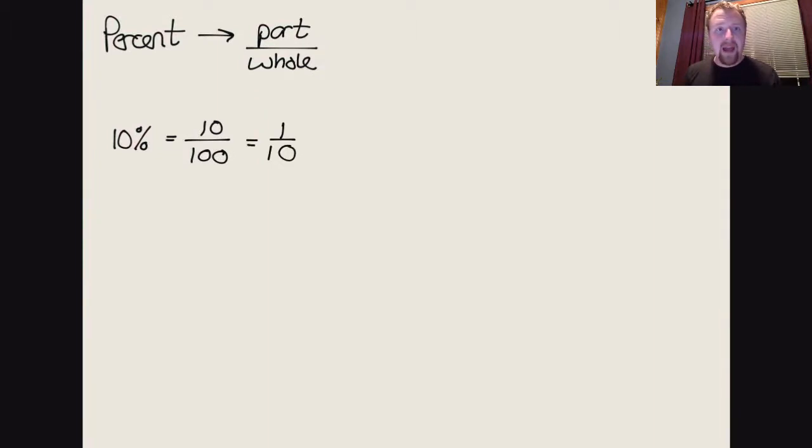So if you're trying to find 1/10, you divide by 10. If I wanted to find 10% of 20, I would divide 20 by 10, and that would give me 2. And 2 is 10% of 20. So there's an example of that.